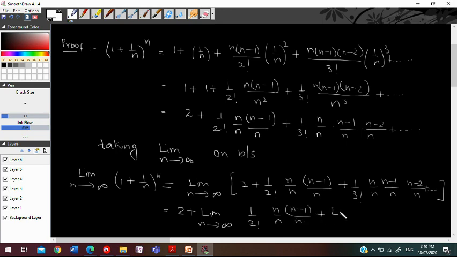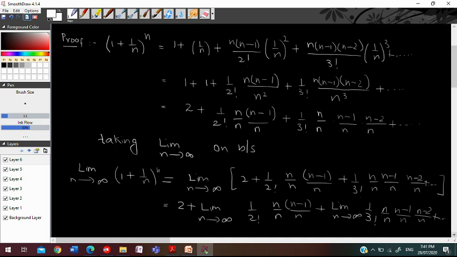This is the theorem of limit when we have different terms. So when we apply the limit on different terms, we apply the limit separately to all the given terms. So limit n approaches to infinity, 1 by 3 factorial, n by n, n minus 1 by n, then n minus 2 by n, plus up to so on. Now apply the limits.